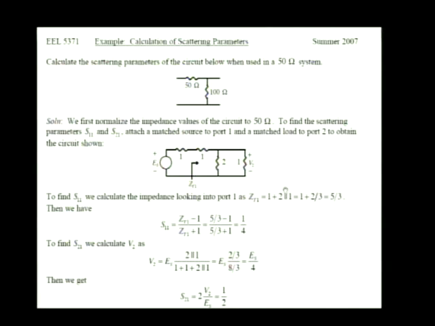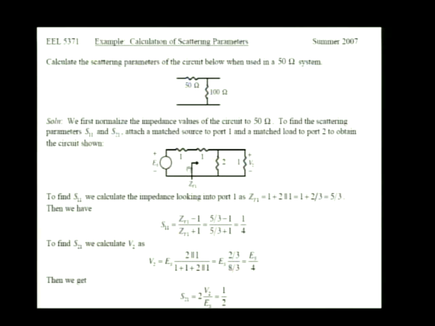What's the impedance of a 2 ohm resistor in parallel with a 1 ohm resistor? It's 2 times 1 over 2 plus 1, right? Z1 Z2 over Z1 plus Z2, 2/3, in other words. So 1 plus 2/3, 5/3.